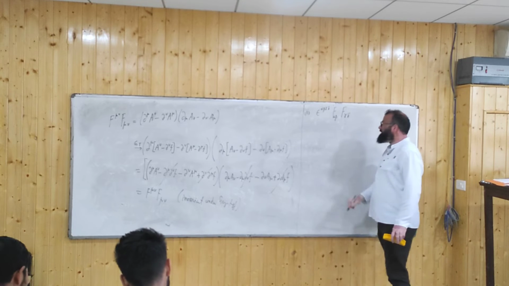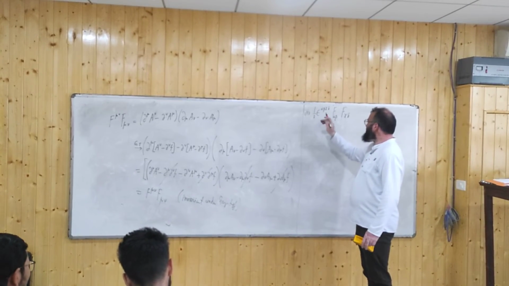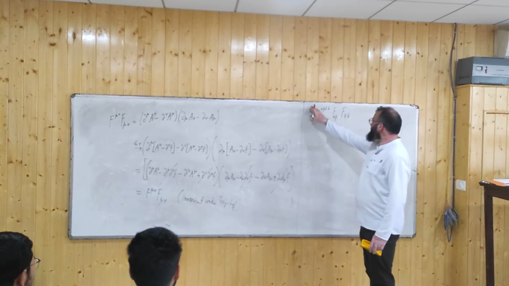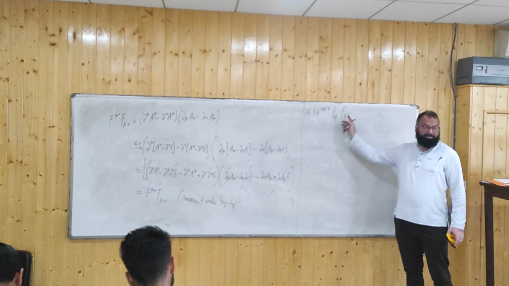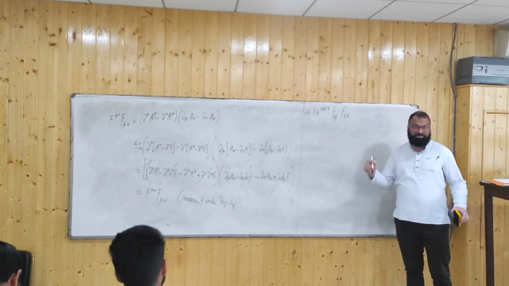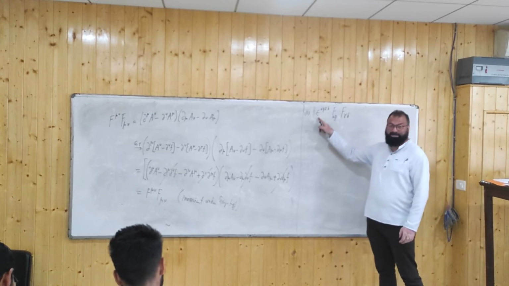Alpha, beta, gamma, delta, they are contracted. So this is another scalar. You put a half here. So this is again the product of two F's, so it means you will be getting quadratic things. Clear?